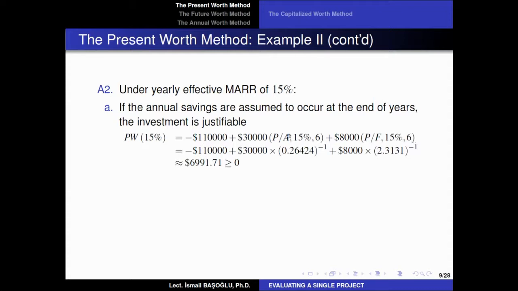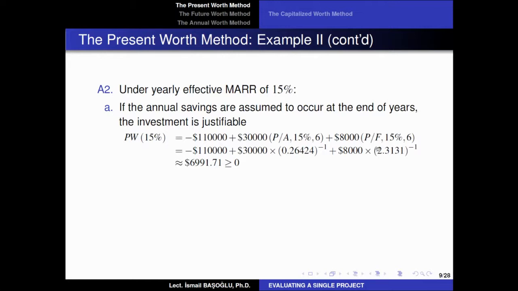Now, again, these values are going to be checked from the discrete payments and discrete periodic compounding, or annual compounding table. So we need to check the A over P, the uniform series capital recovery factor, and F over P, the single payment compound amount factor.